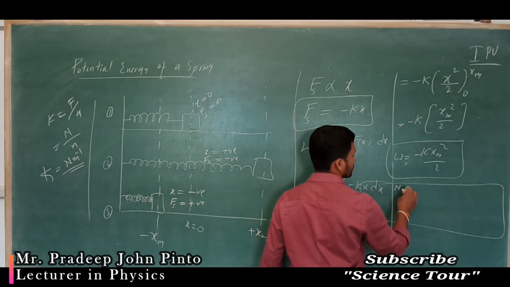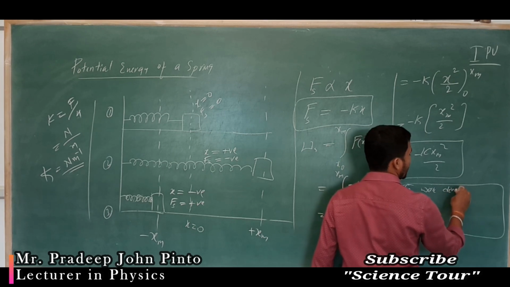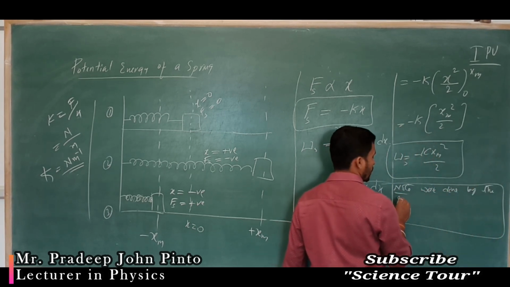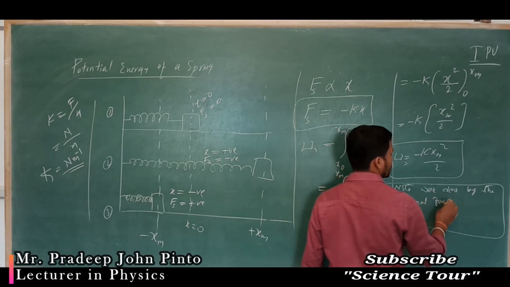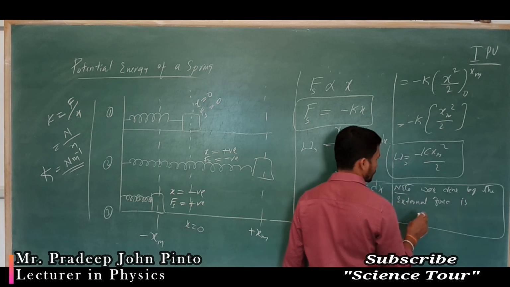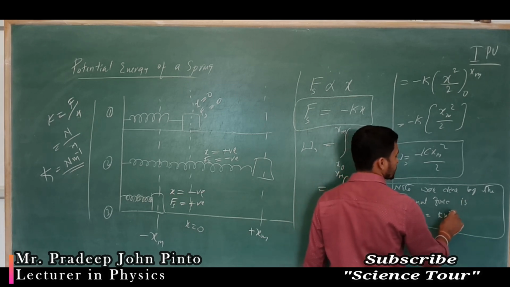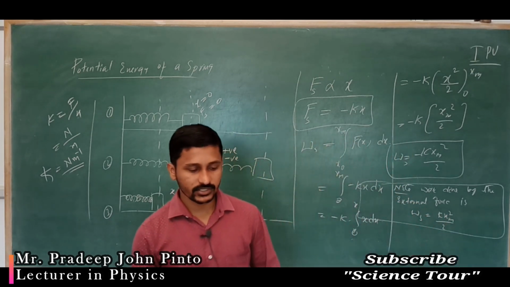The work done by the external force is Ws equal to kx square by 2, kxm square by 2, that is positive.